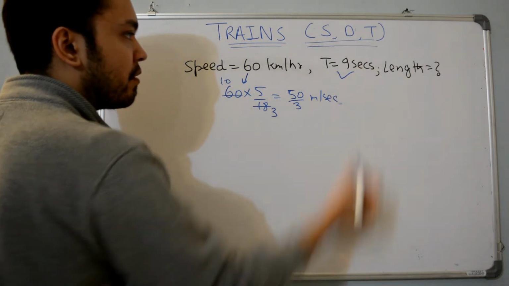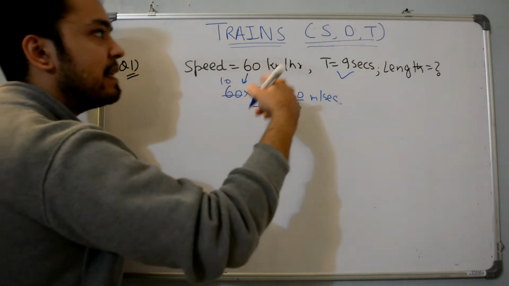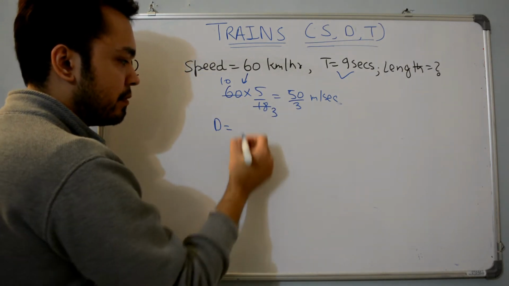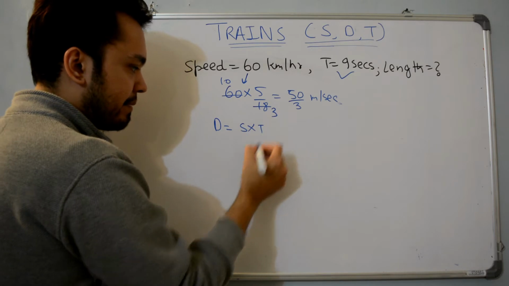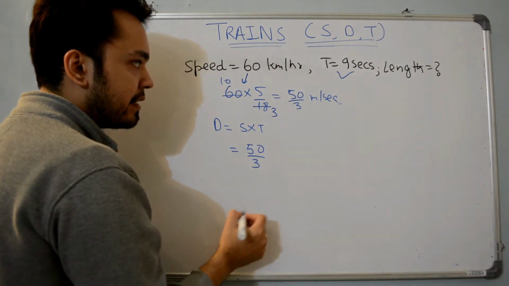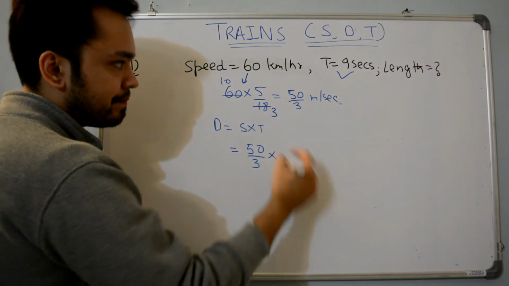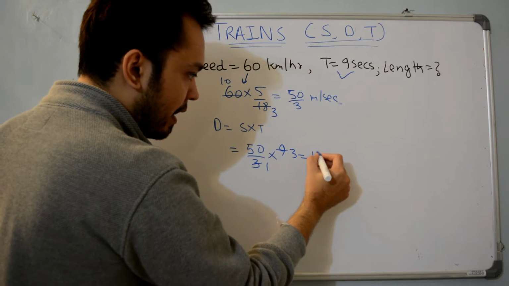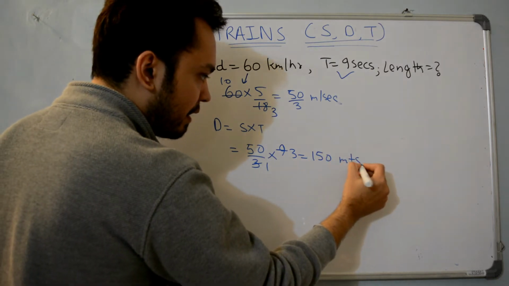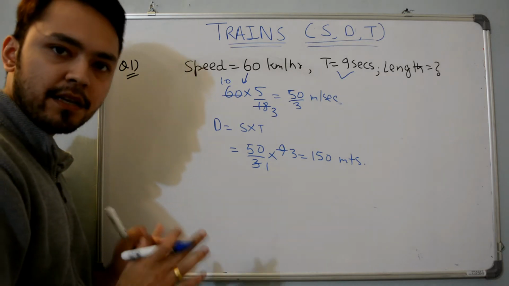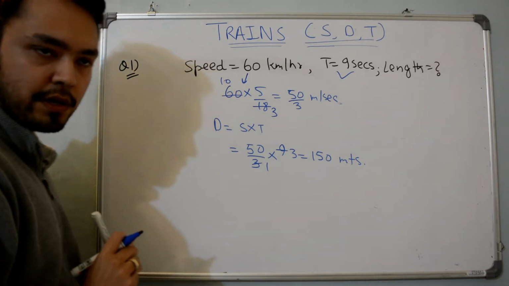And the time we are already given. So for finding the length or the distance, distance is equal to speed into time, in this case 50 upon 3 into 9. And we have the length of our train as 150 meters, right? A pretty basic and a clear question. I hope you all got it.